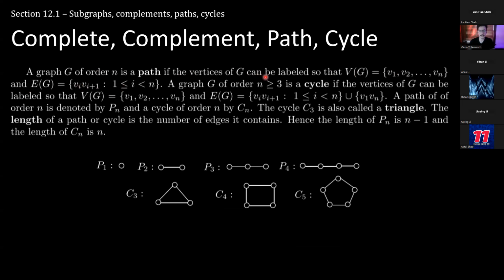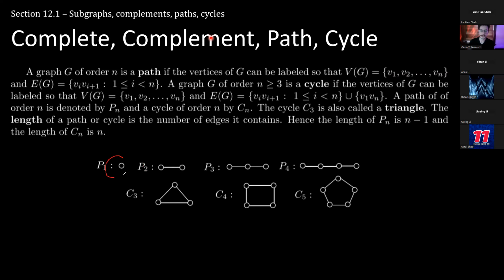This convention might take a little bit to get used to, but essentially it just means that you can index the letters corresponding to the vertices in such a way that if you have V1 and V2, then V1V2 is the edge connecting those, and those make a path like this. So these are graphs that correspond to paths. Right now we're talking about graphs that we call paths, but there's a different notion of a path in a graph that we're going to get to when we get to 12.3.